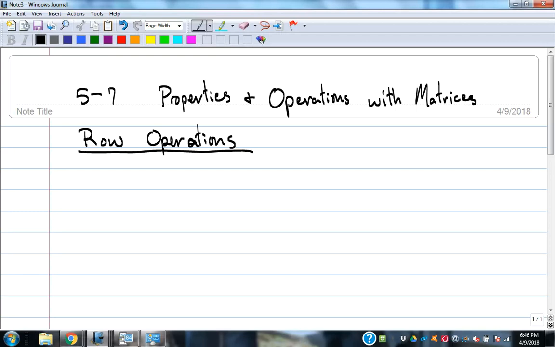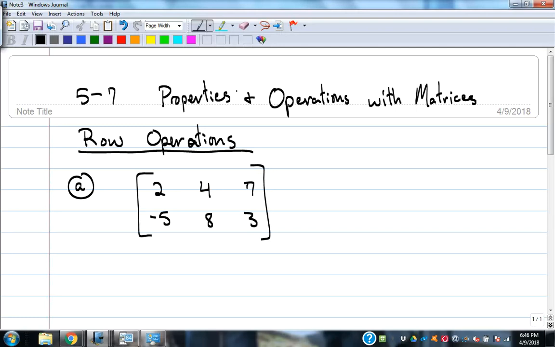So one of the standards here is for you to perform a set of row operations given a matrix. So I'm going to show you how to do that. Row operations is a really easy thing. You just got to be careful about what you're changing. If you know which one you're changing, that's the only one that's changing. Okay, so here's our first matrix that we want to do a row operation with. 2, 4, 7, -5, 8, 3.